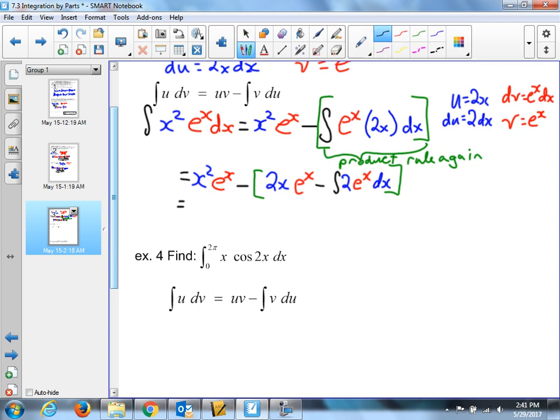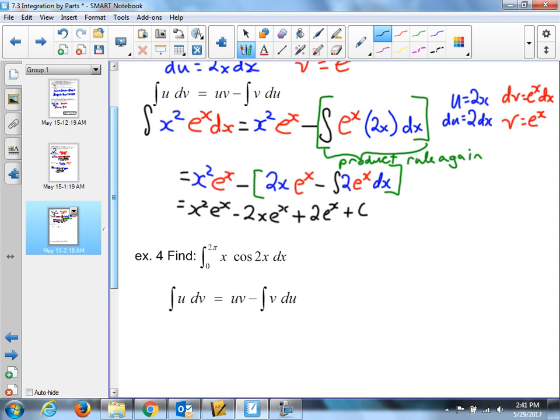So I'm going to write just one color: x squared e to the x minus 2x e to the x minus negative, so adding. Now, what do we get there? 2e to the x. It's its own derivative, e to the x, plus c. Can you factor anything? Because chances are in the back of a book, other than the plus c, you've got some common factors there.